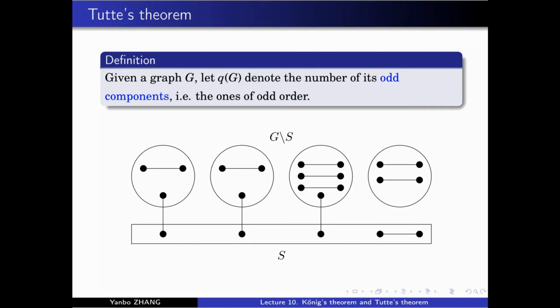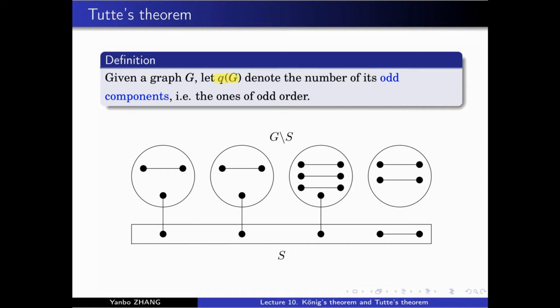Let's come to the second part, which is Tutte's theorem. Hall's theorem considers matchings in bipartite graphs, but Tutte's theorem considers matchings in general graphs. There is only one definition here, which is q(G).